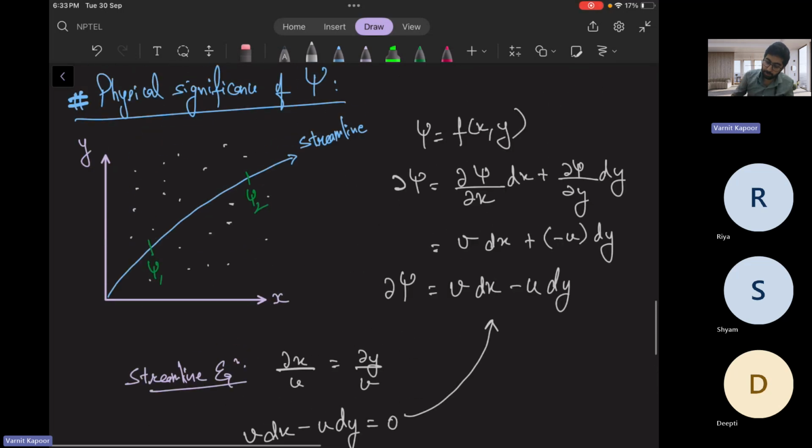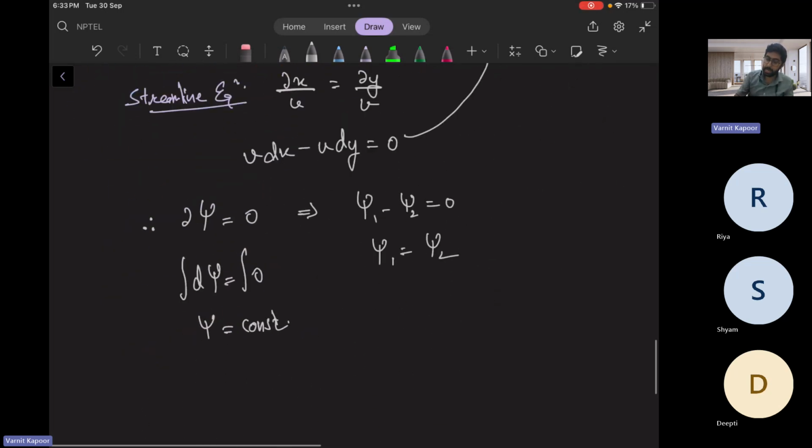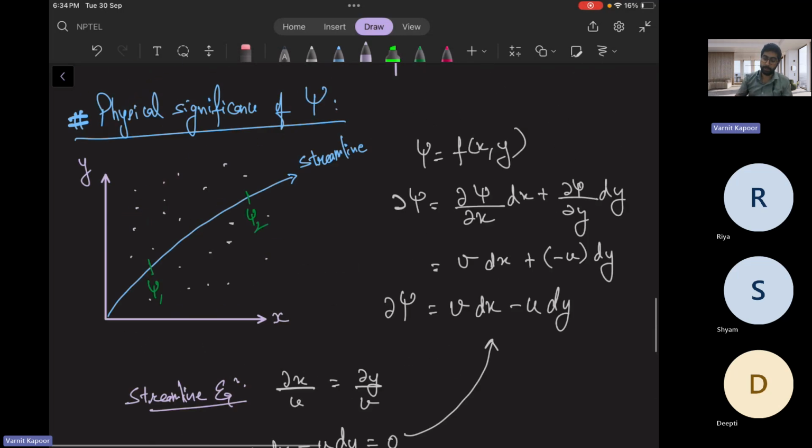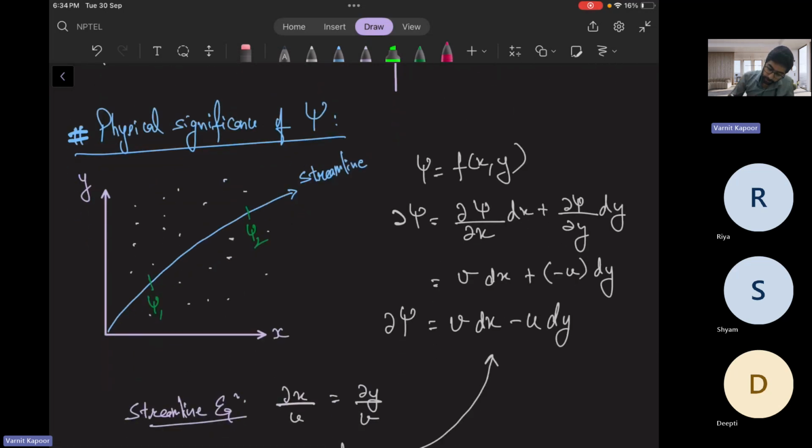So for a particular streamline, my function psi is constant. A streamline is the line joined by the same stream function values. For one particular streamline, the stream function is the same. So I say that my d psi is 0. But suppose you want to consider a point like this, psi 3.